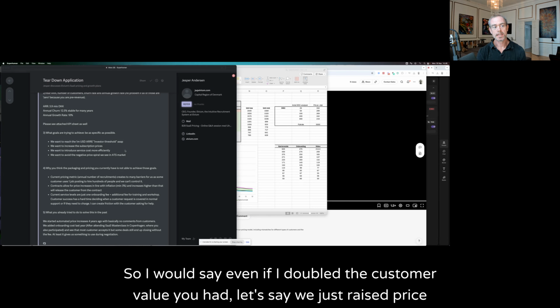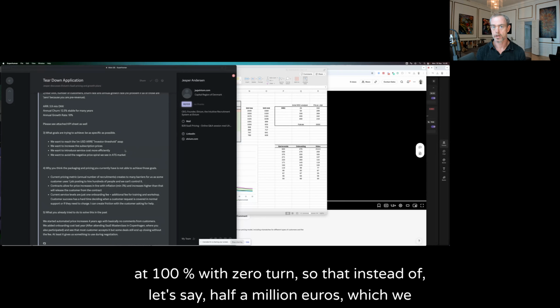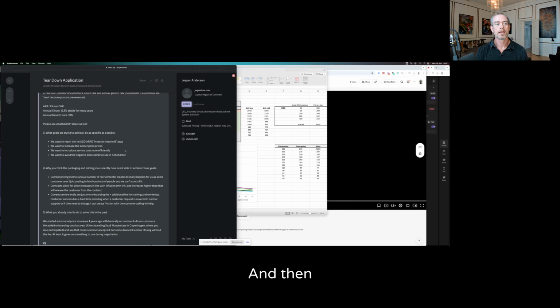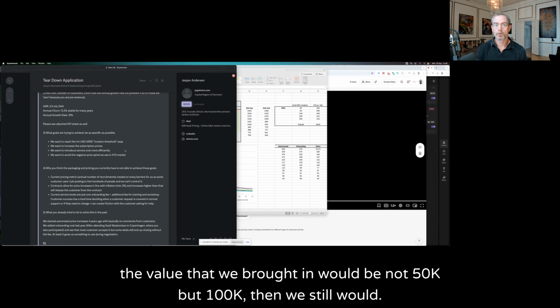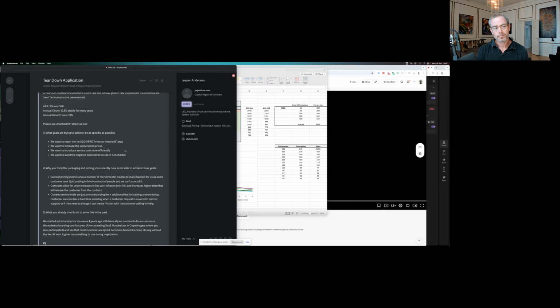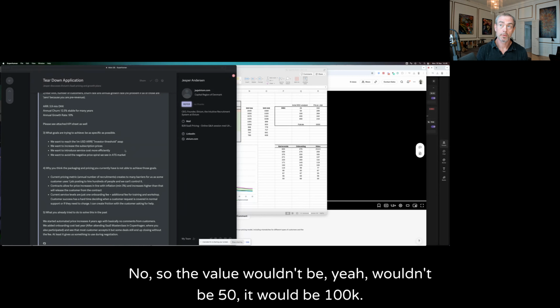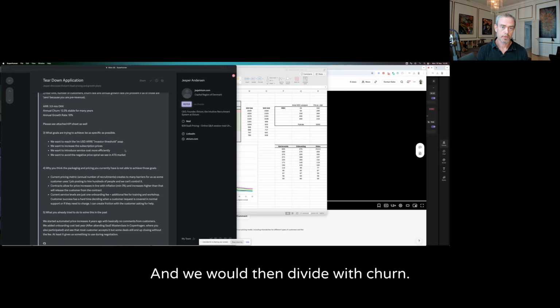So I would say, even if I doubled the customer value you had, let's say we just raised price by 100% with zero churn, so that instead of, let's say, 500,000 euros, which we have today, we took 1 million, and the value that we brought in would be not 50k, but 100k, we would then divide with churn.